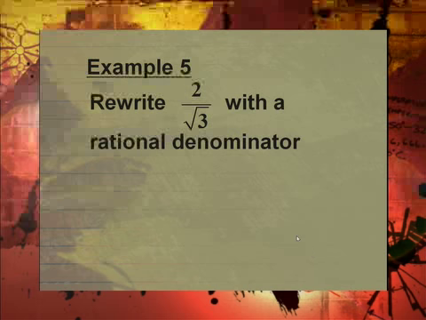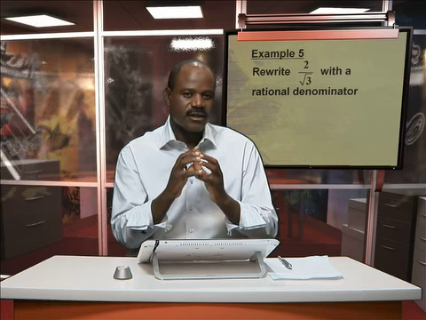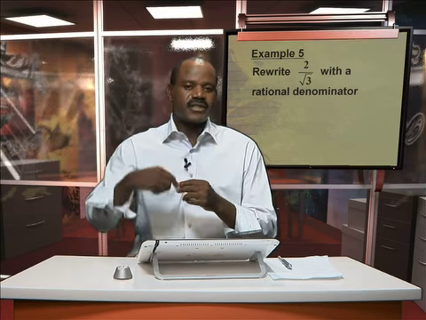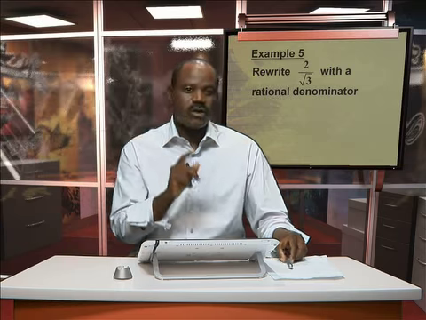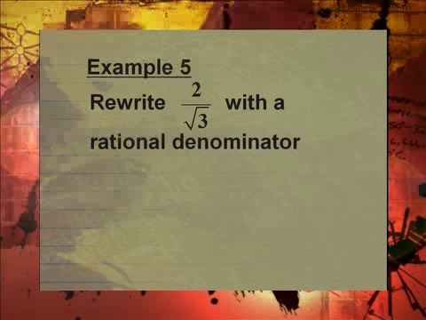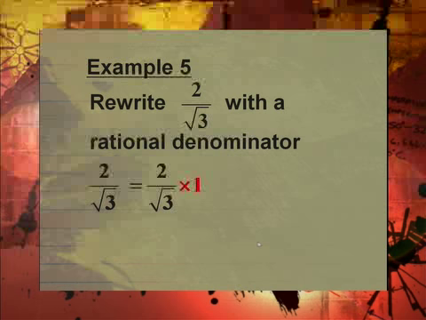May we look at another example? Rewrite this with a rational denominator. Look at your denominator. 2 over square root of 3 is irrational. We sometimes say rationalize your denominator. Make it a rational number. So watch the method we're using behind. We always say 2 over root 3, then you multiply that by 1. I just introduced 1. Look at 1 here, multiplied by 1.